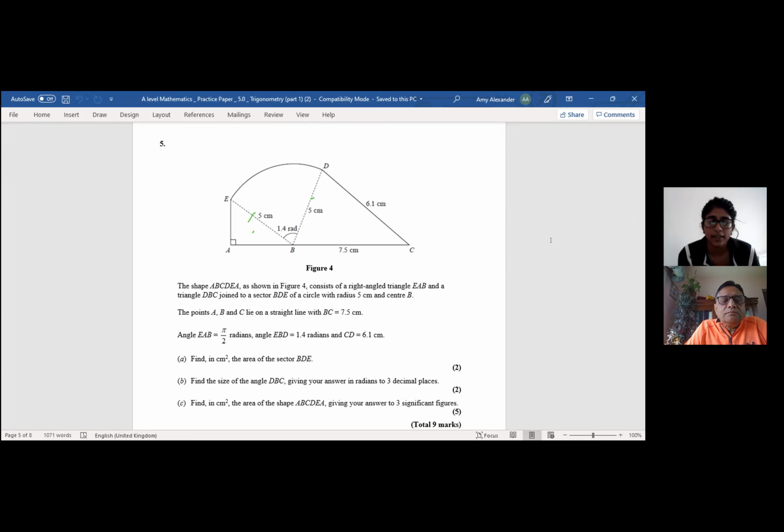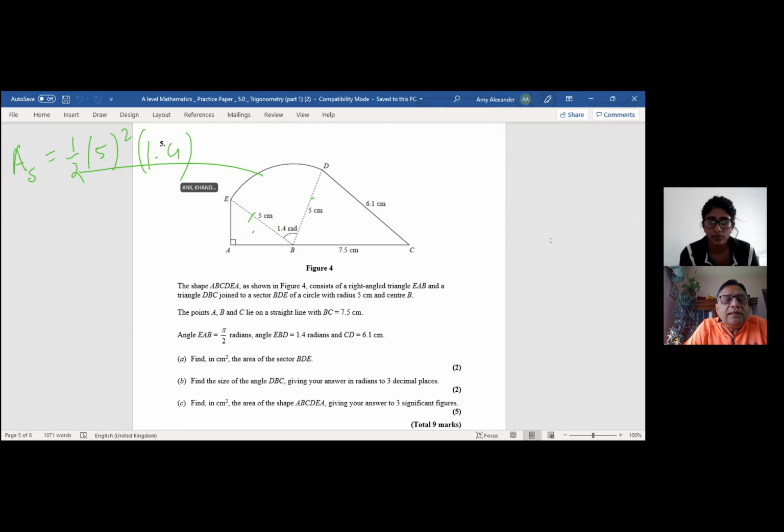Angle EAB is pi over 2 radians, angle EBD is 1.4 radians, and CD is 6.1 centimeters. Part A, find in centimeters squared the area of the sector BDE. So just half 5 squared times 1.4. Correct. Area of the sector, half r squared theta, which is half of 5 squared times 1.4. Done. That's correct.